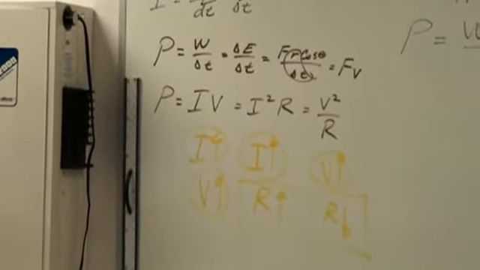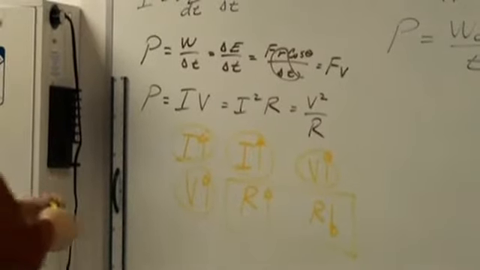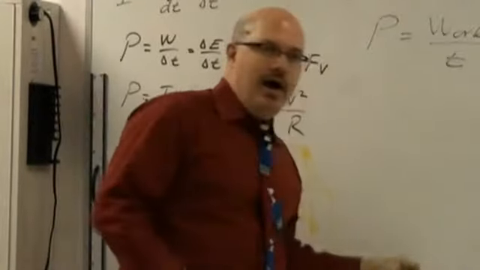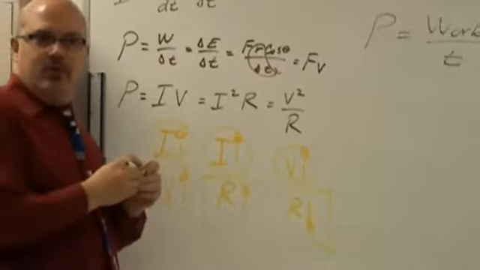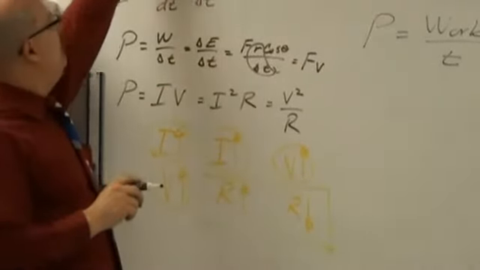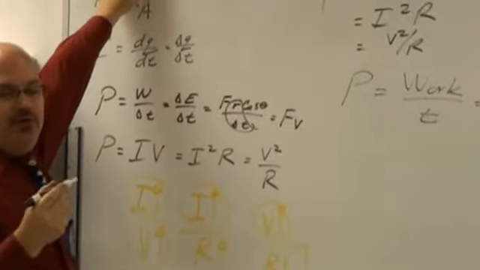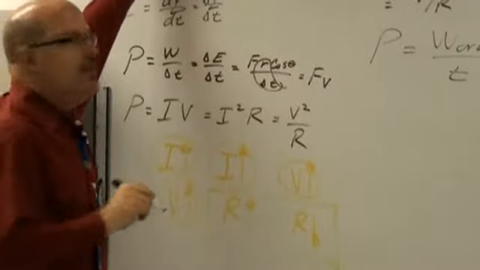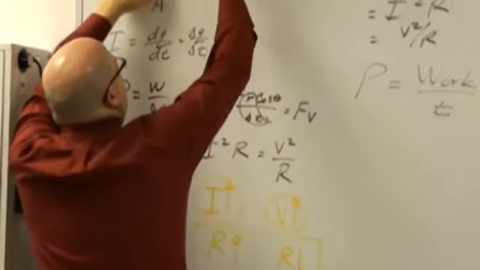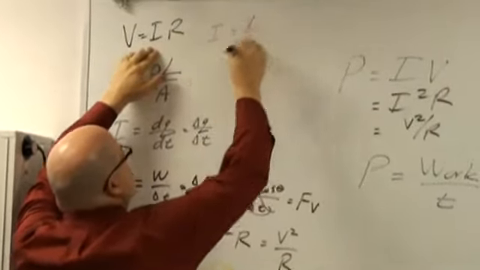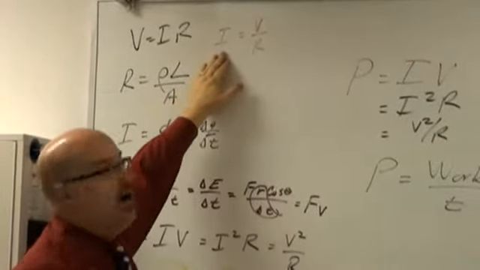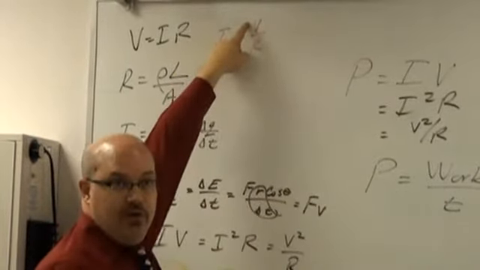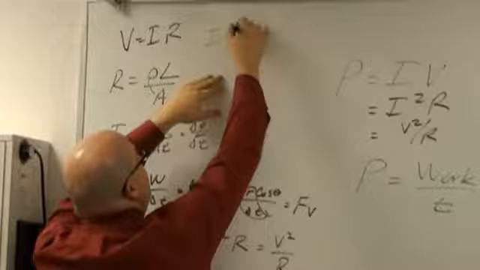All right. The trick to understanding this, and why it looks like there's a discrepancy, but there's really not. Remember what I said up here, V equals IR? How should we really write that? I equals V over R, because the current depends on the potential difference, really that's delta V, right?